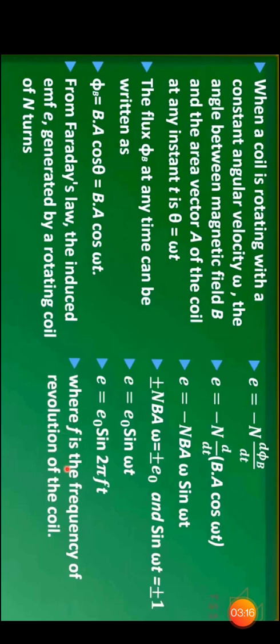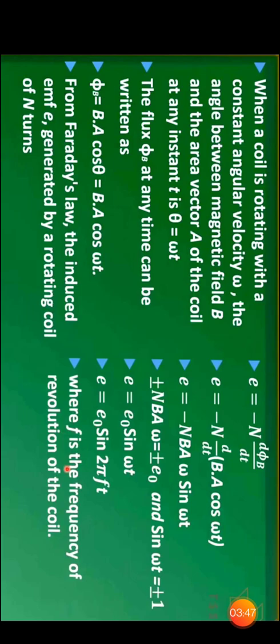From Faraday's law, the induced EMF generated by a rotating coil of n turns is E is equal to minus n d phi b upon dt. Now E is equal to minus n d upon dt of B A cos omega t.